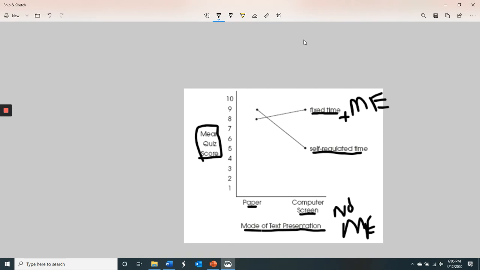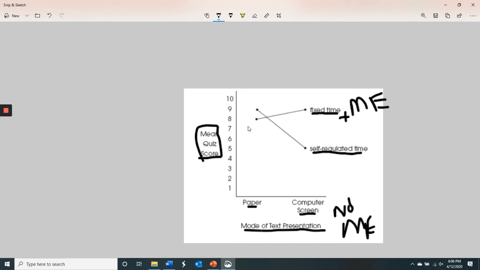So I'd say that the interaction is such that the difference between fixed time and self-regulated is very small when the mode of presentation is paper. However, when the mode of presentation is computer screen, fixed time led to better performance versus self-regulated time. So again, that might sound wordy, but I'm just saying what I see here.